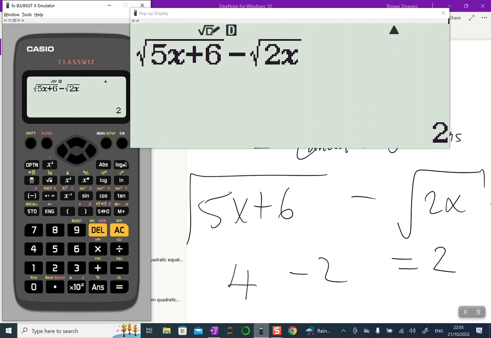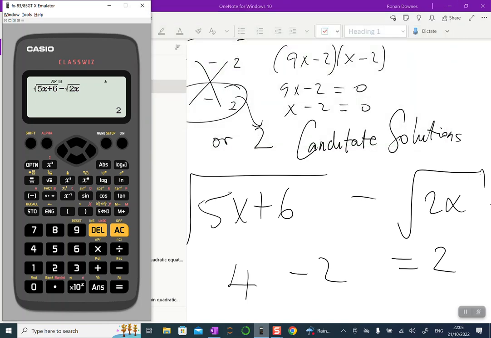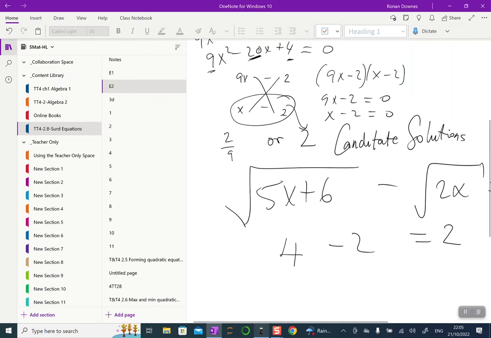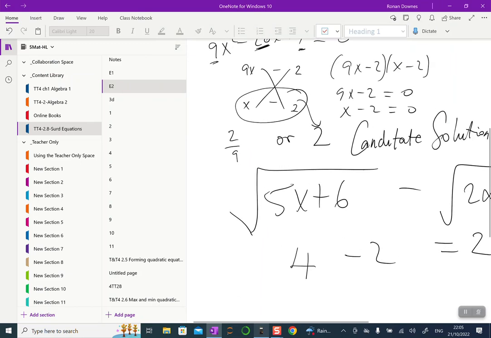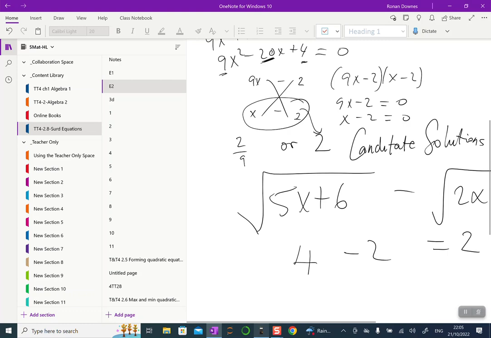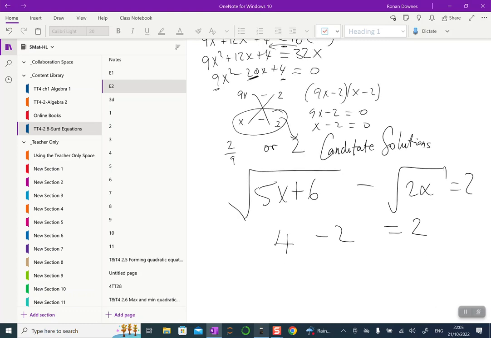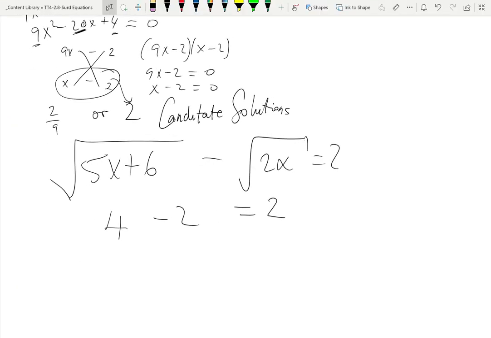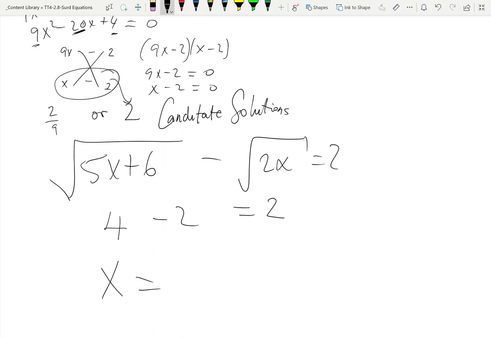And it is 2, so both roots work. Okay, and here we use technology to spare us working with fractions. I did it earlier by hand as well, but it's just a drudgery you don't need to go through. Okay, so just to say x is equal to 2 or 2 over 9, box it up.